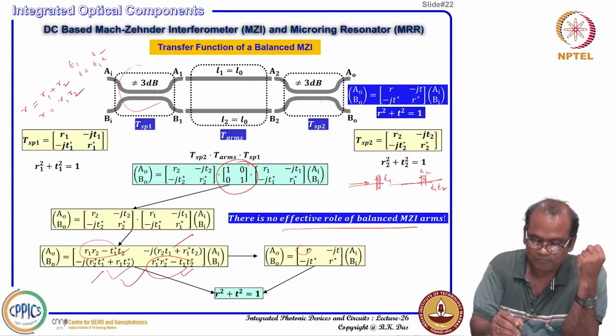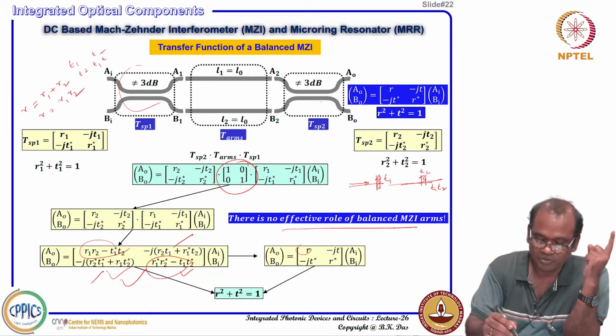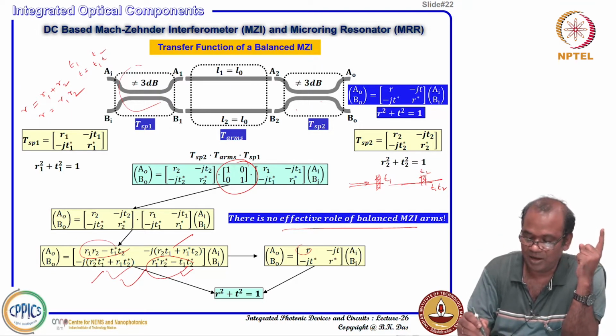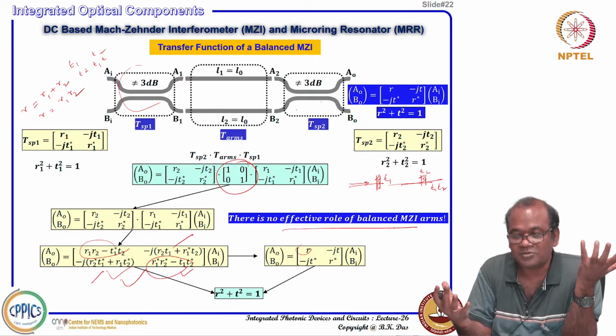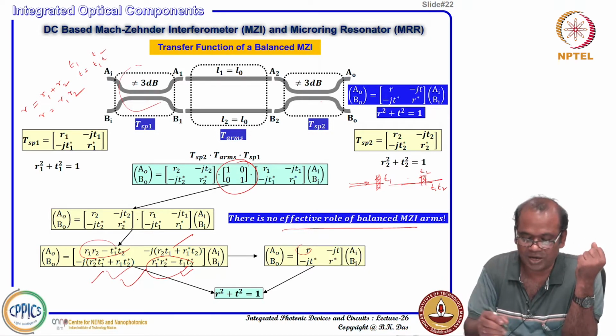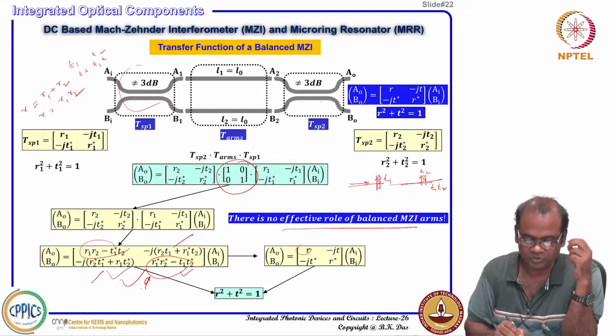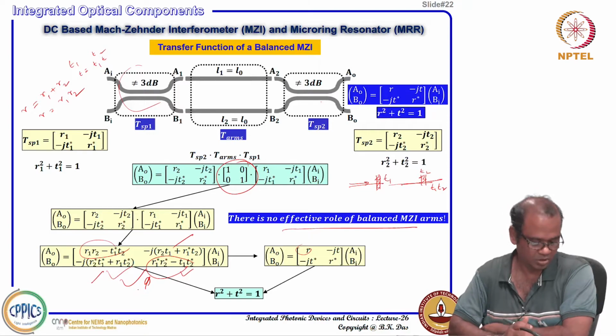But in this case you cannot consider something like that because of the two ports. Because of the nature of the directional coupler transfer matrix, you cannot simply use multiplications of R1, T1 and R2, T2. Rather we have to use this one. This is the take home message.